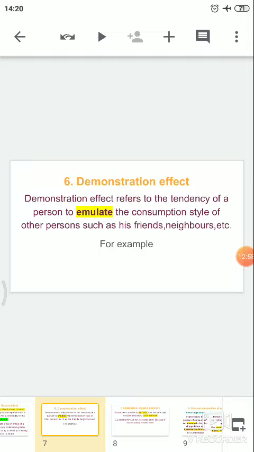Now, you have seen your friend carrying a mobile phone, so you want the similar model. So the demand for such commodity will increase. Or you have seen that your neighbor has bought a particular car, so you also want to have the similar car. So when you try to emulate or copy the consumption pattern of your friends, relatives, neighbors, then the demand for such commodity increases.